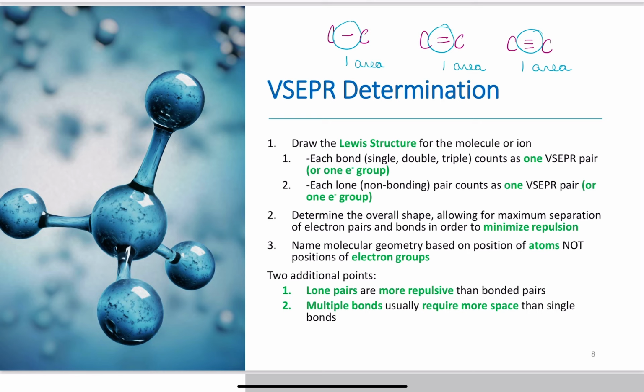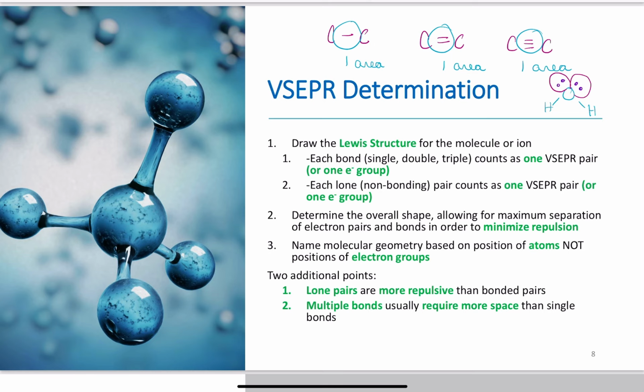Each lone or non-bonding pair, so something has a lone pair, like water has, each one counts as 1 VSEPR pair or 1 electron group. So 1, 2.